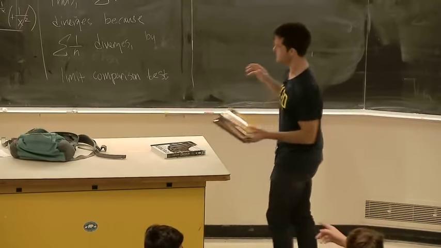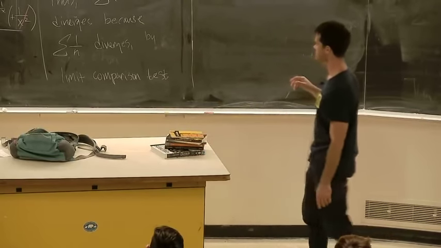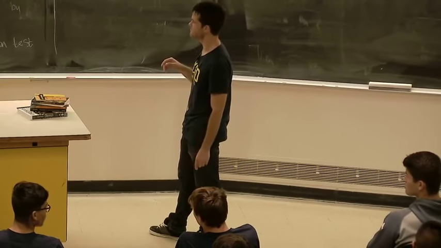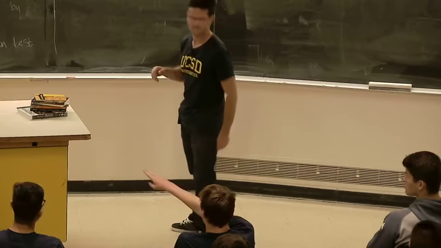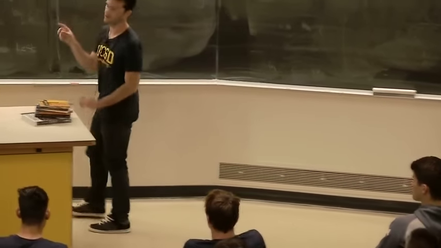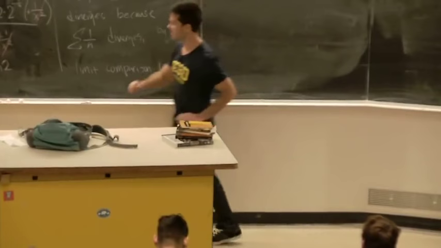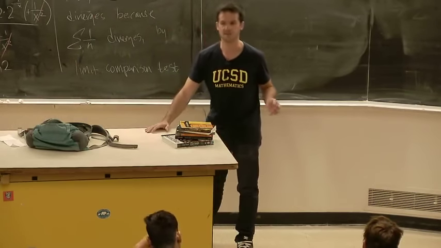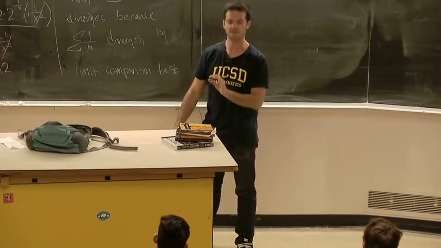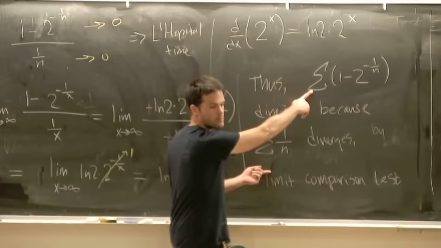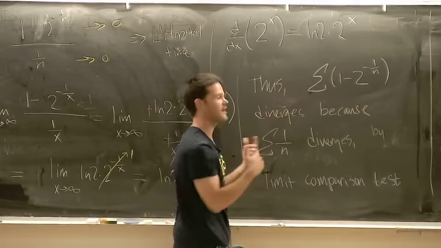How can you say 1 over n diverges, but we figured out the whole thing converged? The limit of their ratio converged. We got ln2. So the limit comparison test says that's the situation where these two series are comparable, meaning they do the same thing.